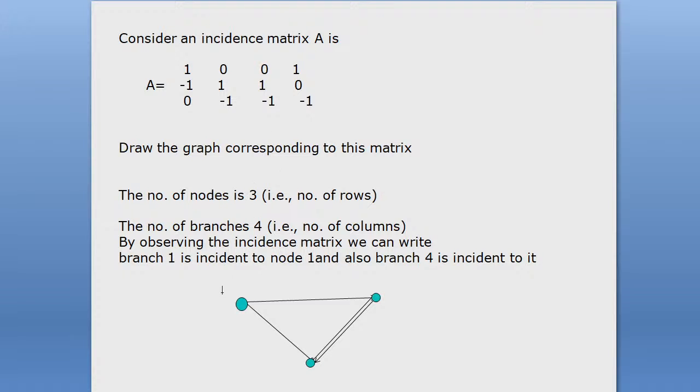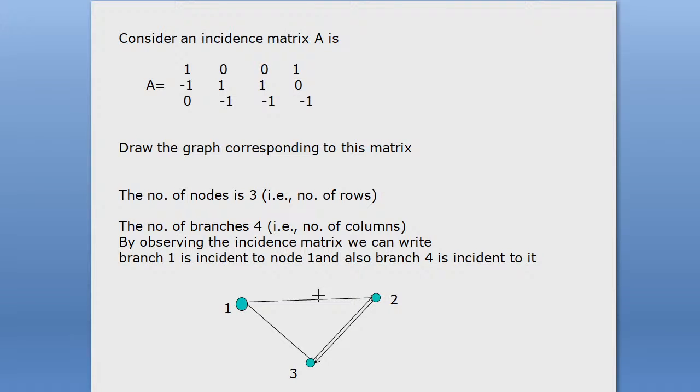This is node 1, node 2, and node 3. And obviously you mention the name of the branches.